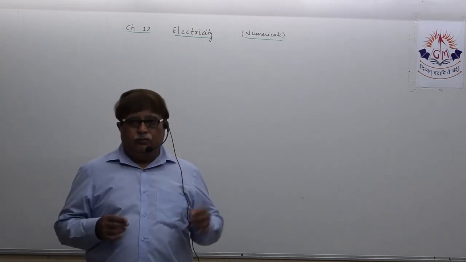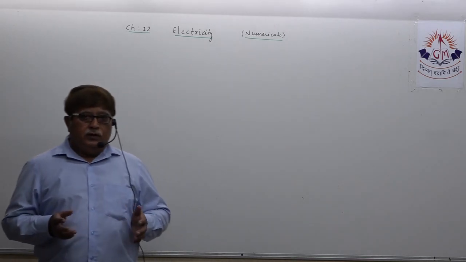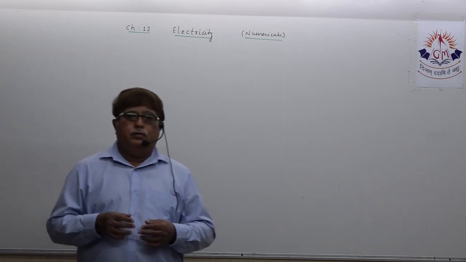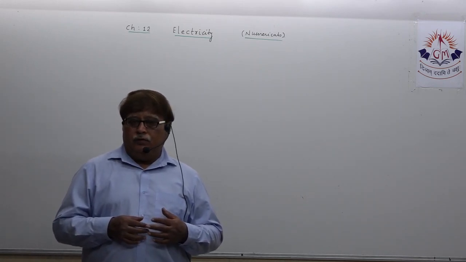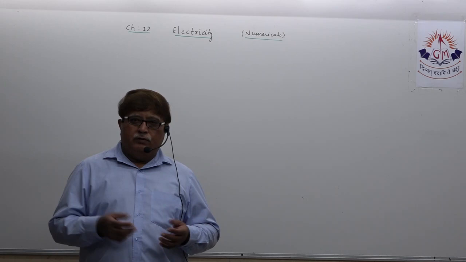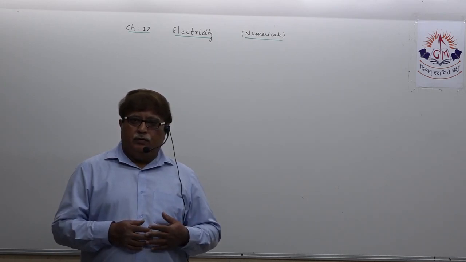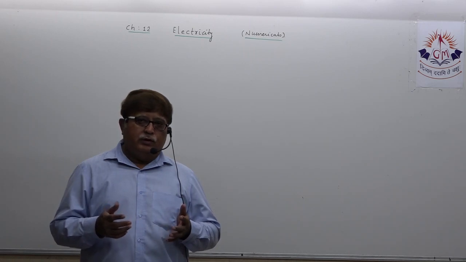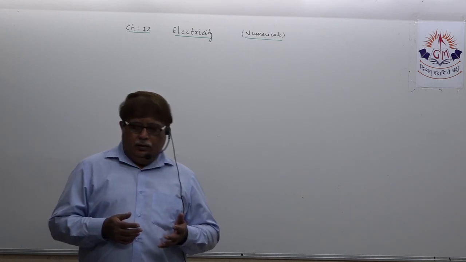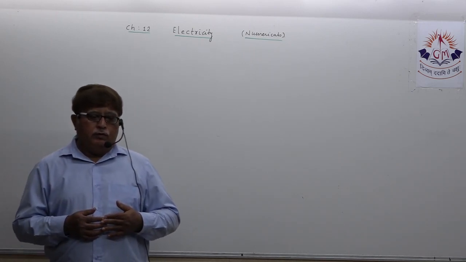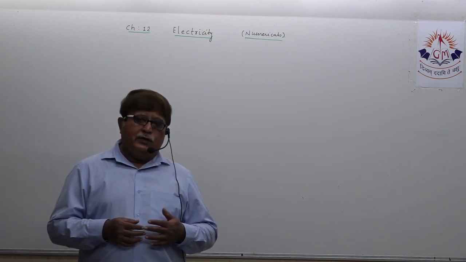As you all know, we are in the process of revising. Revising in the sense that we have done a little bit during the regular lecture, but we haven't taken the explanation of numericals at that time.